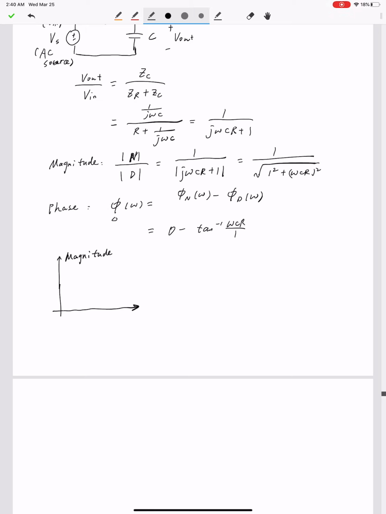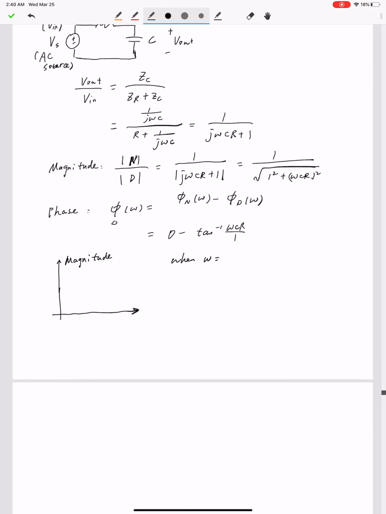But if you don't have MATLAB, we can also finish this job by analyzing some special points. When omega equals 0, the magnitude equals 1 over the square root of 1 plus 0, and that is 1. So the magnitude starts at 1.